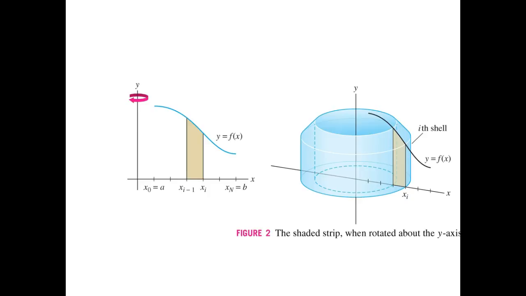Now this time, before, they just said x, and I said I like to think of it as a dx. Well, now they do a great big dx, x of i minus 1 to x of i. I would make that a little smaller and make it a dx. And then it's this area times its circumference, and that will give it to you. And then you integrate that from here to there. Well, what would this area be?